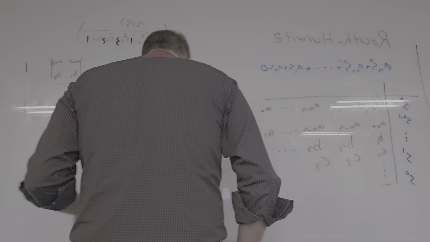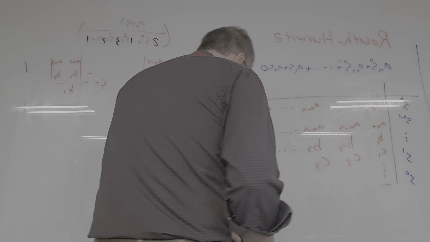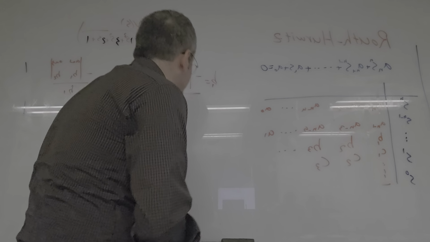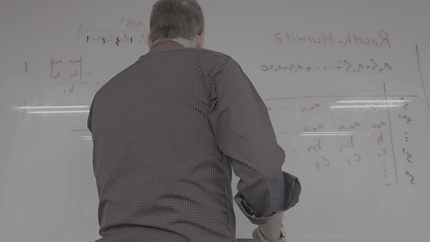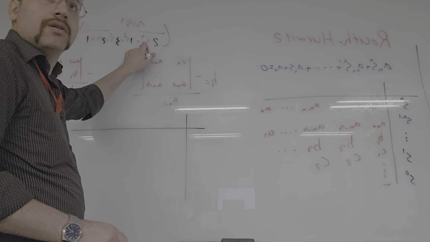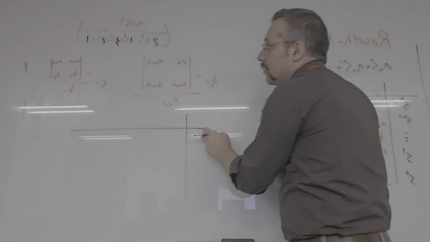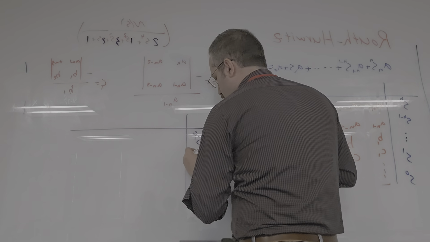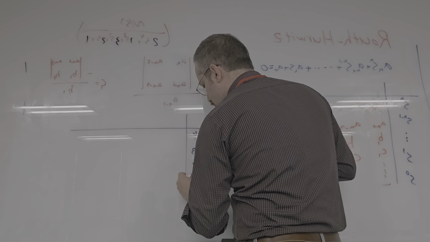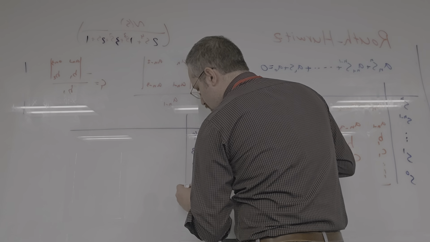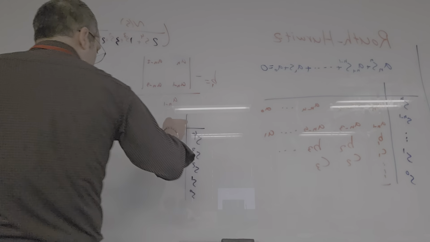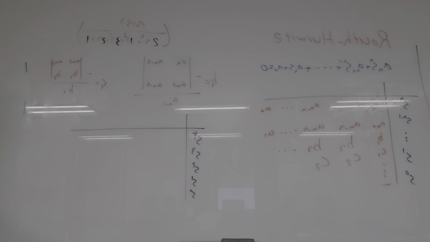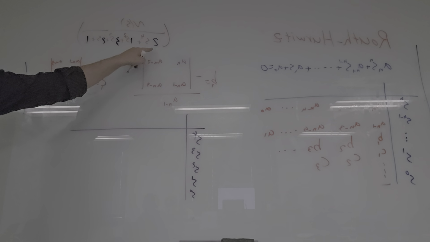I'm going to develop the Routh-Hurwitz table. So this is S to the power of 4. We are going to have S4, S3, S2, S, and S to the power of 0, so 5 columns. Now for S4, we write the coefficients and we skip one place at a time.